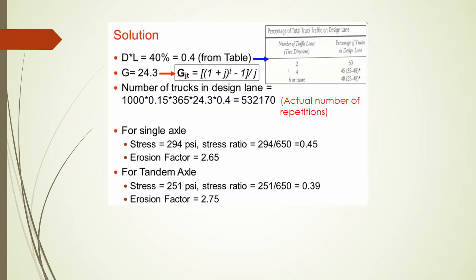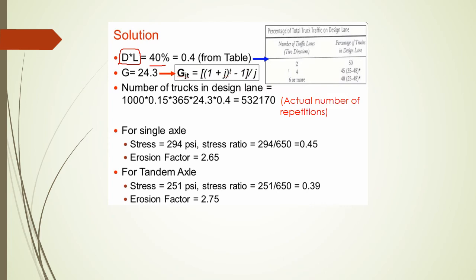So now let's obtain the expected number of repetitions, because it was not given. The directional distribution factor multiplied by the lane factor is equal to 0.4 or 40%. How did we know this number?